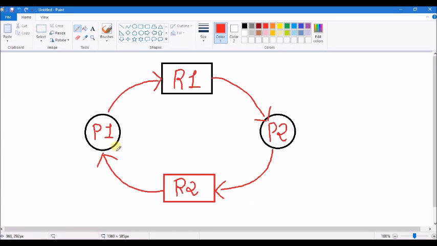Now if we analyze this graph, we can say that process P1 is waiting for R1, but that resource is allocated to process P2. So can we say that process P1 is waiting for process P2, right? Same thing, process P2 is waiting for resource R2 which is allocated to process P1.